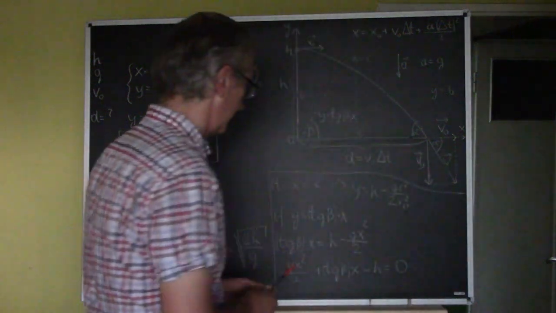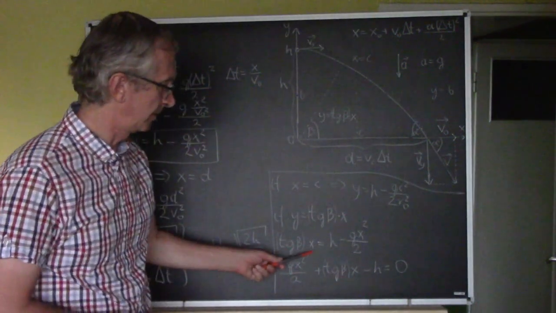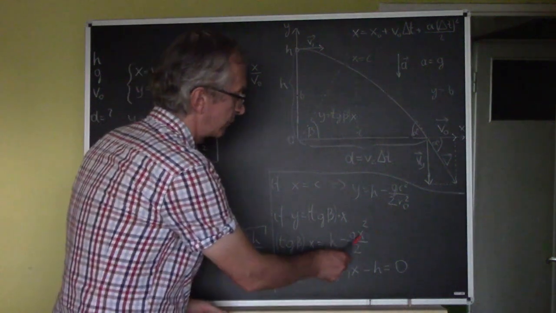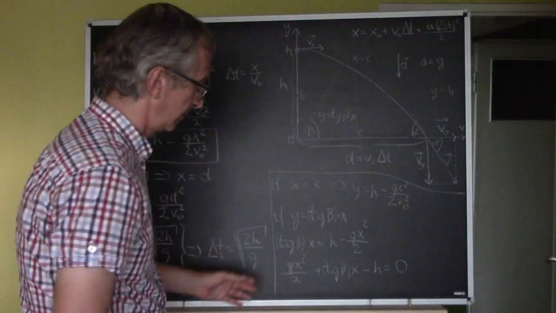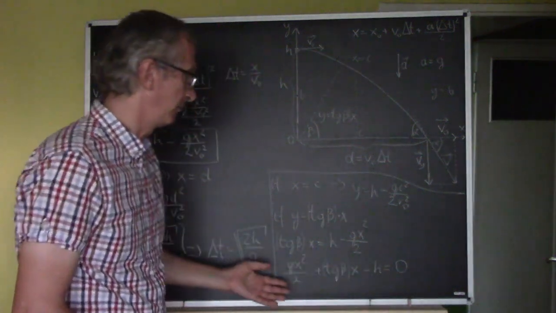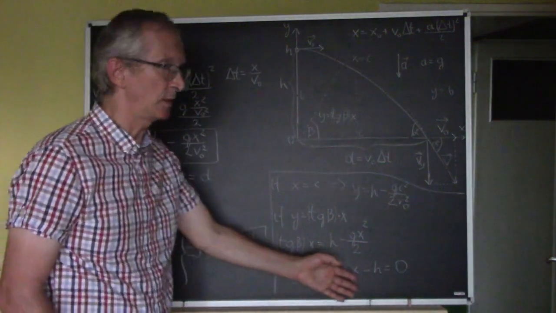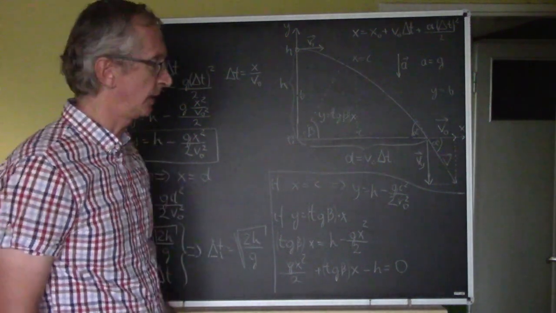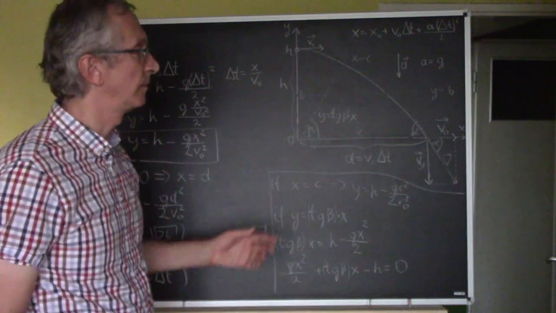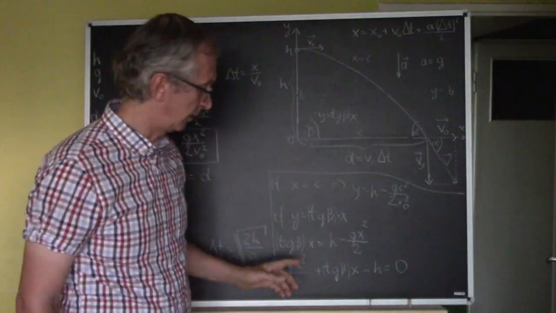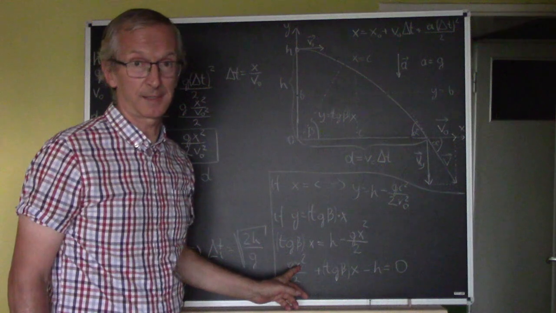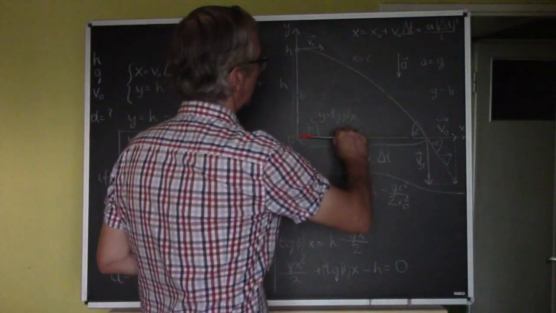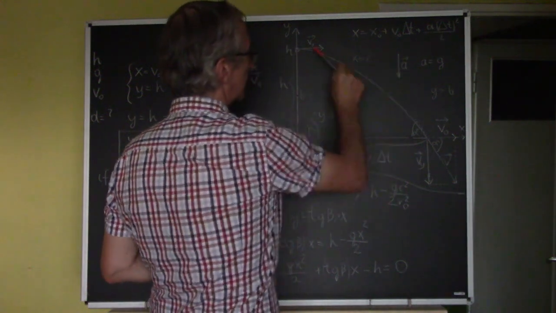It's done here, and we change the side of these two expressions to the left side, and we have a quadratic equation, and we calculate the roots of this equation, and the greater root is the value of coordinate x of the place where these two lines intersect, of this point.